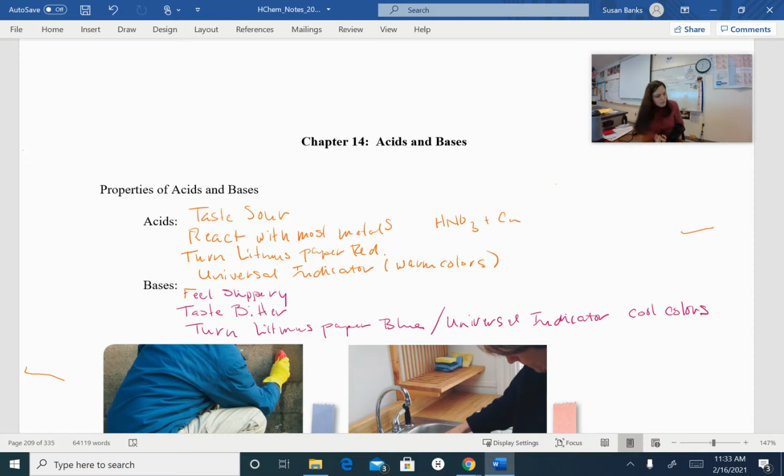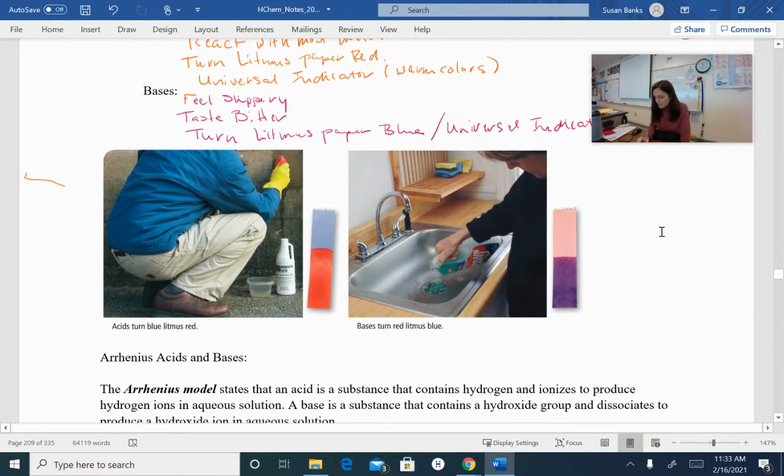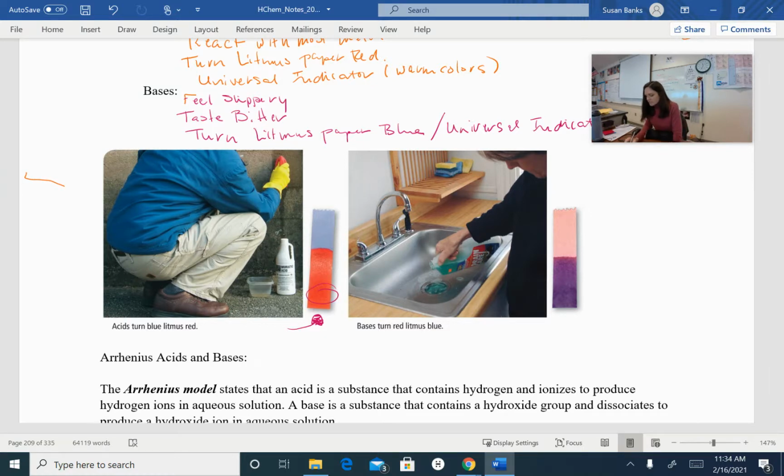So in this right here, notice if I start out with blue litmus paper, that acid turns it bright red. And if I start out with red indicator, that base turns it kind of a bluish purple.